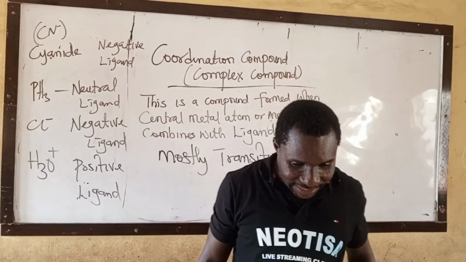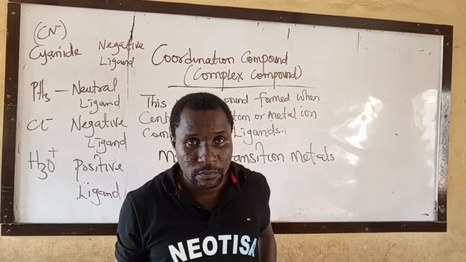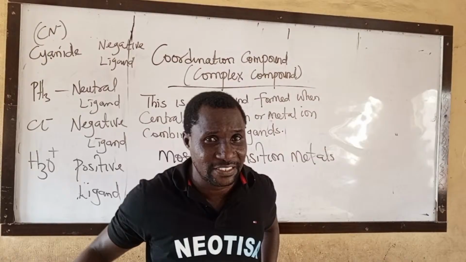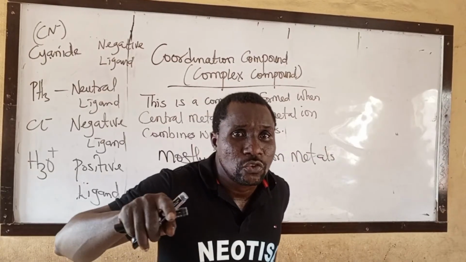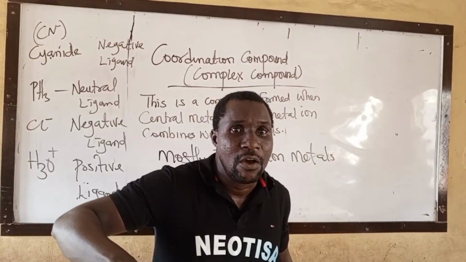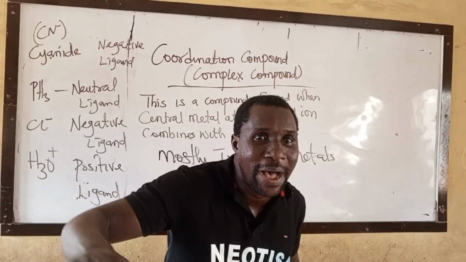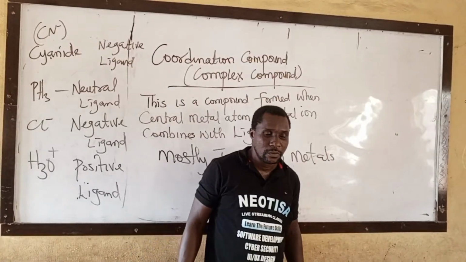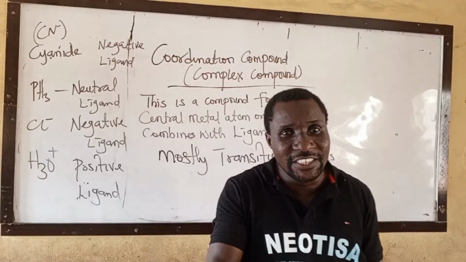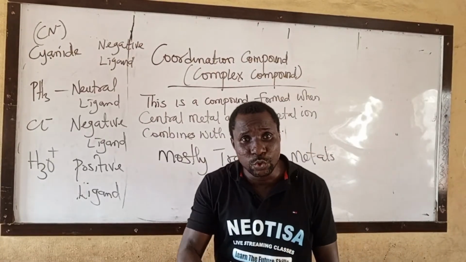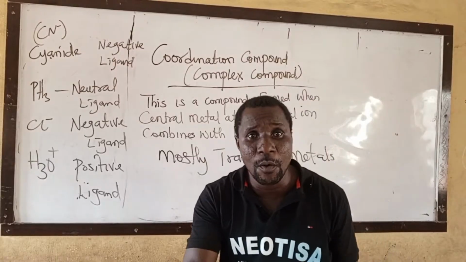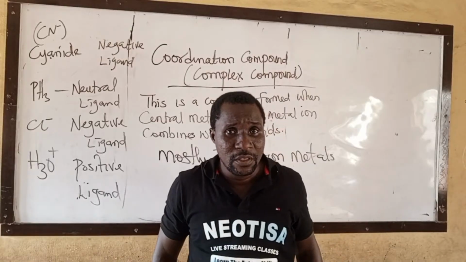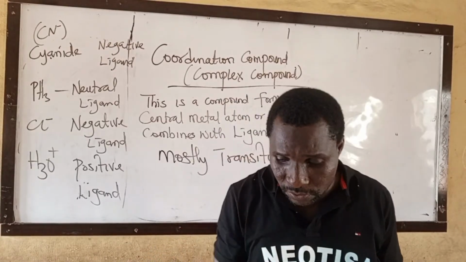This came out in JAM 2024, and it came out in JAMB also in 2025, last year. Why do transition metals form coordination compounds? Write it down. Why are they the central metal ion?